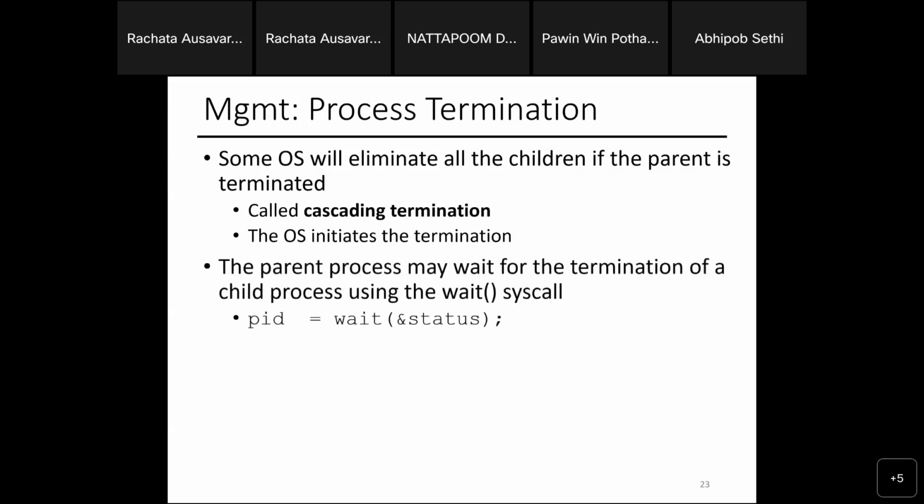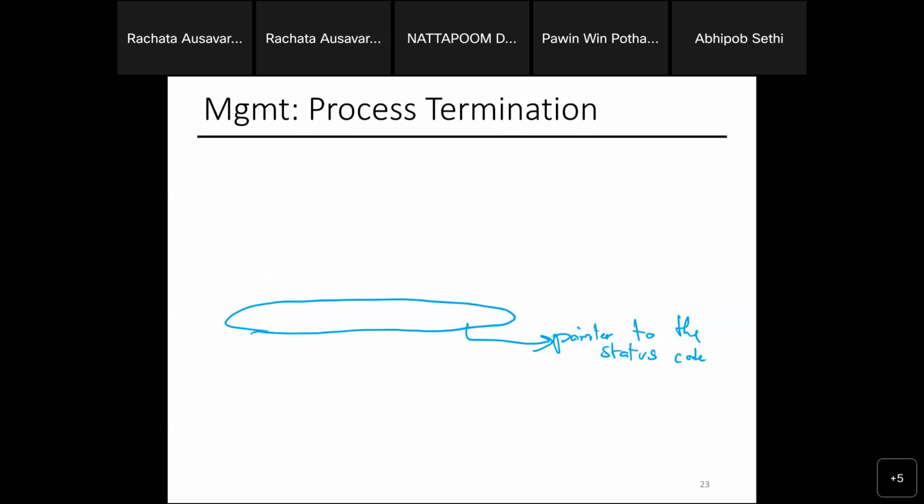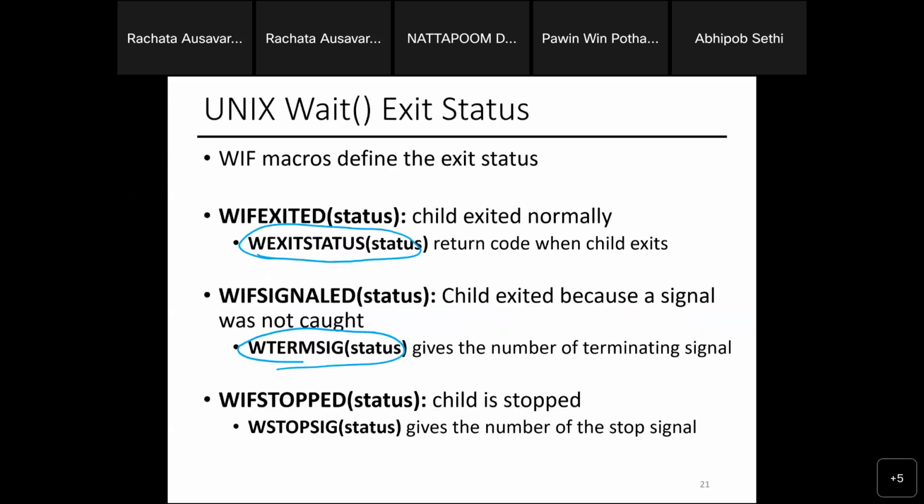The parent process may wait for termination of a child process using the wait syscall by doing this: wait, with a pointer to the status code. So when you have this, you can use the W-exit macros. You remember the macro W-exit something with status as an input? Let me go back a few slides. Here, you see how I use the status as an input.